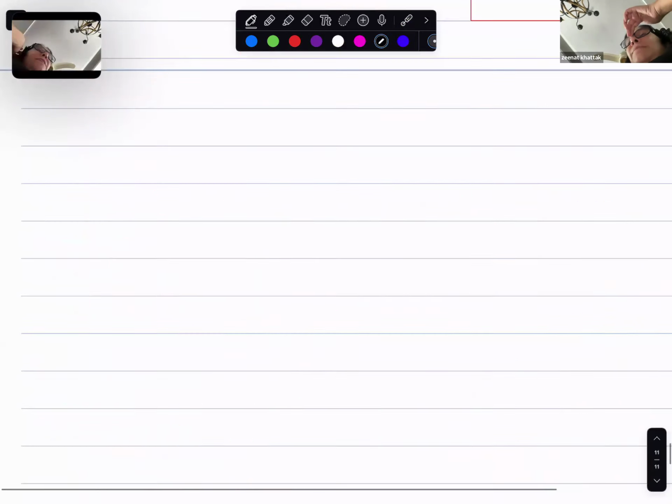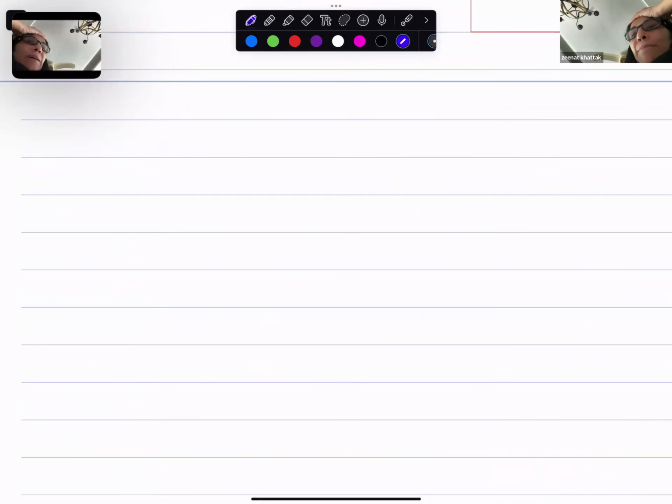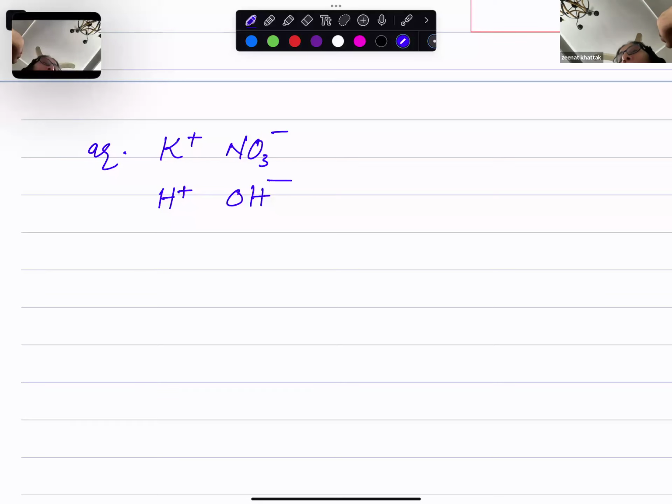For example, if I have aqueous potassium nitrate, there is H plus and OH. Among K plus and H plus, H plus is below in the reactivity series.